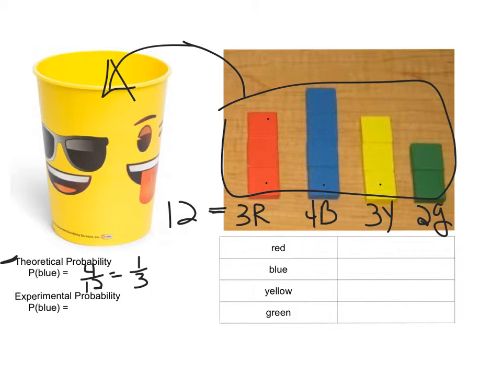So the first one would be yellow. So that means I picked yellow on the first one. I'm putting it back in and mixing it up, picking another one. That's blue, so that's 1. I'm gonna do 10 tries. I'm gonna go to the next one. I pick red. I'm gonna go to the next one. I pick blue again. Keep going. Yellow.